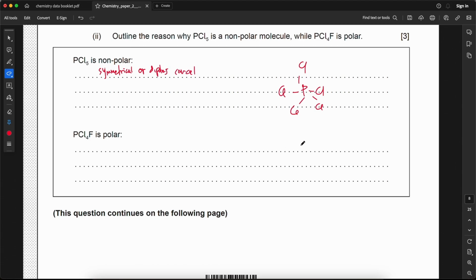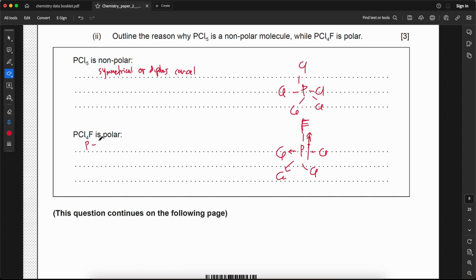And what about PCl4F? Alright, so the dipole moment will go towards here, but the other one will be towards here, so it's not symmetrical because F is more electronegative compared to Cl.